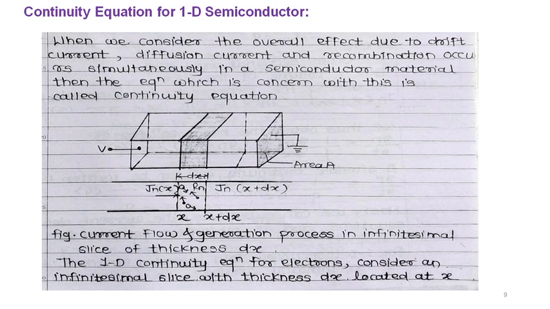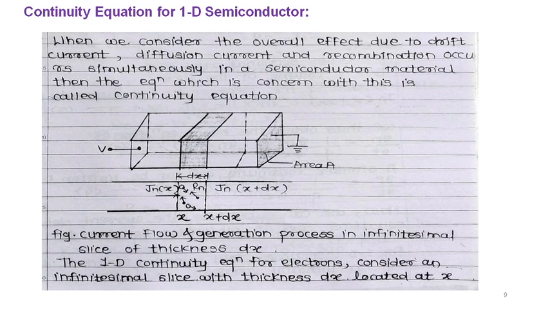But one important point is that recombination occurs when we have drift current and diffusion current. These occur simultaneously in a semiconductor material, and the equation we are concerned with is called the continuity equation. As shown in the figure here, we can use the current density equation we previously obtained.